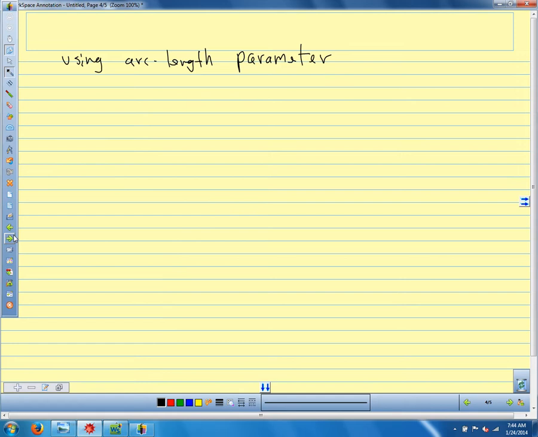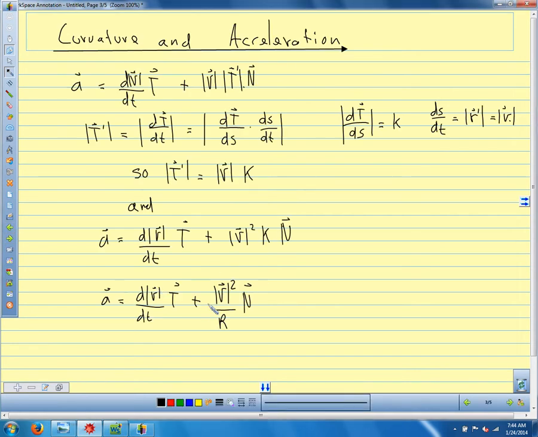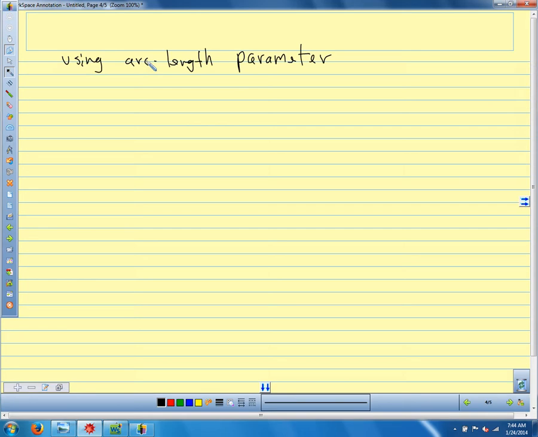You'll see these expressions more in a science and engineering context, because the velocity, which is what we talked about yesterday, is more of a dynamic property of the curve, thinking about something moving along the curve. When we talk about the arc length parameter, you'll see that more in a mathematical context, when you're talking about a property of the curve, more of the geometry of the curve.